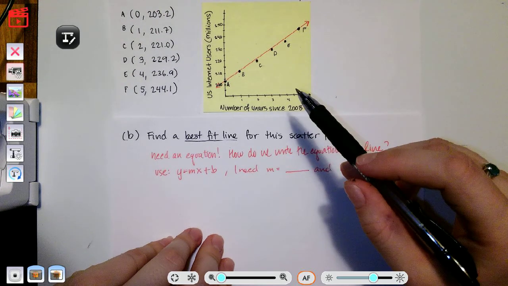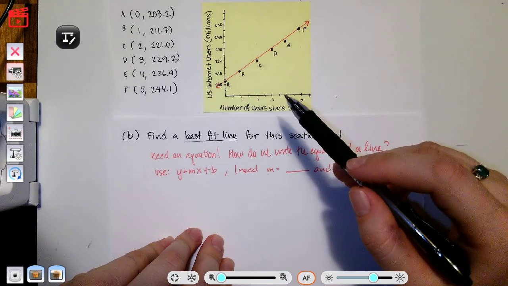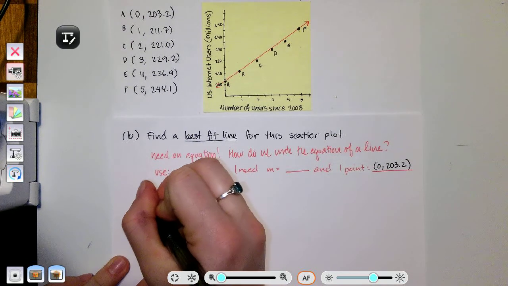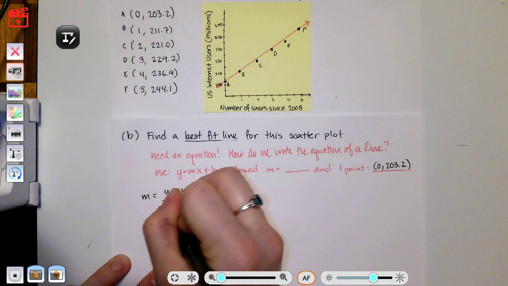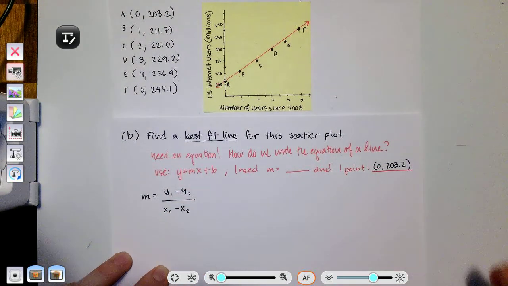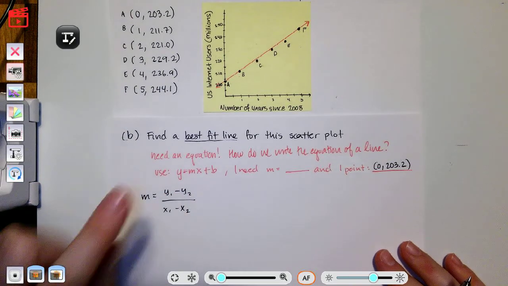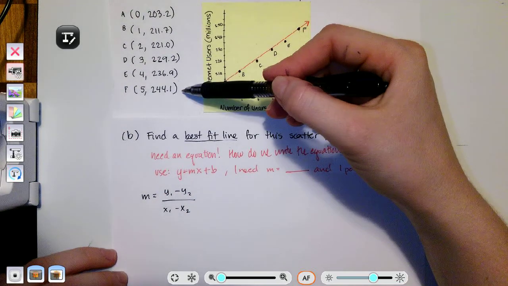And let's see, to find slope, what would be the best option for us here? The best option would be to use m equals y1 minus y2 over x1 minus x2. That'd be the best way to find slope. So I just need 2 coordinate points to find slope, and I actually have a bunch of coordinate points.